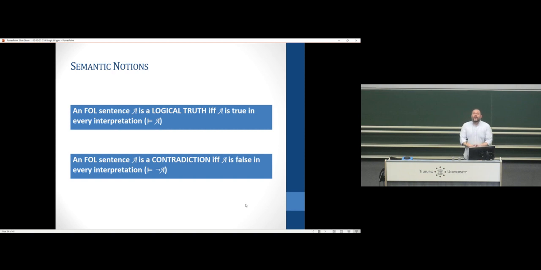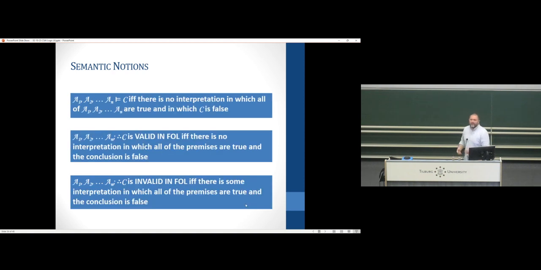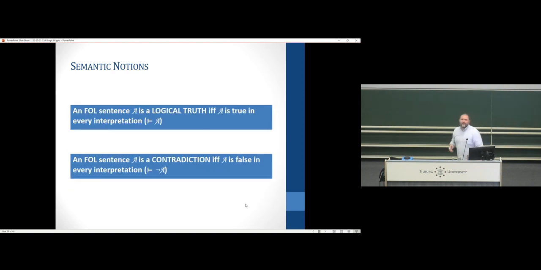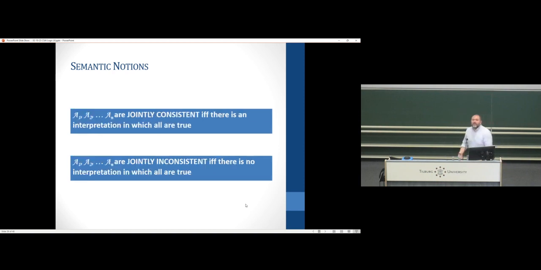Okay, so again, we have these notions of testing for validity, defined in terms of interpretation. We have our surrogates for necessary truth and necessary falsehood, right? The next one: joint consistency and joint inconsistency. We'll say that some sentences are jointly consistent if and only if there's an interpretation where they're all true.